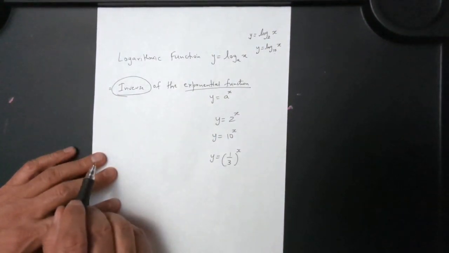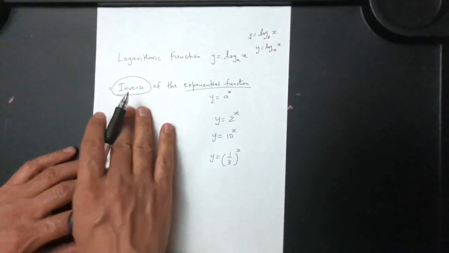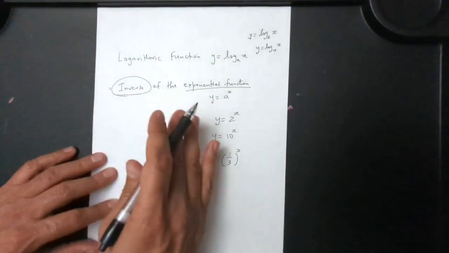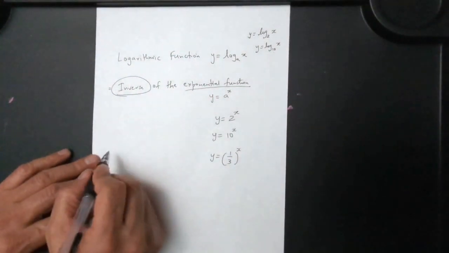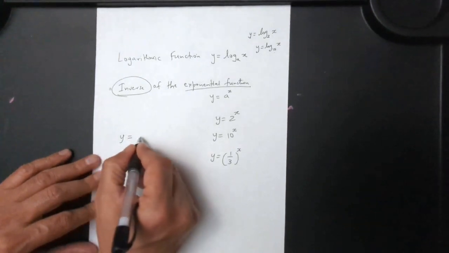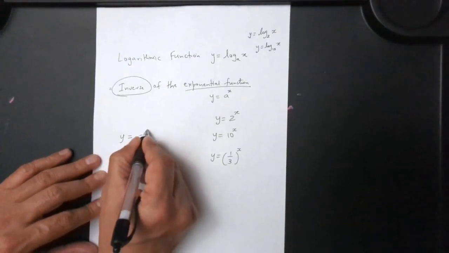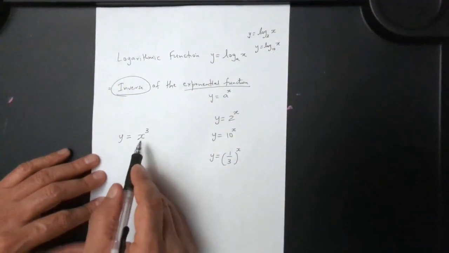Okay, so before we look at the inverse of exponential functions, let's look at the inverse of something much simpler than an exponential function. We are going to look at the inverse of a simple function like x to the power of 3, right? This is not an exponential function, it's a polynomial function.